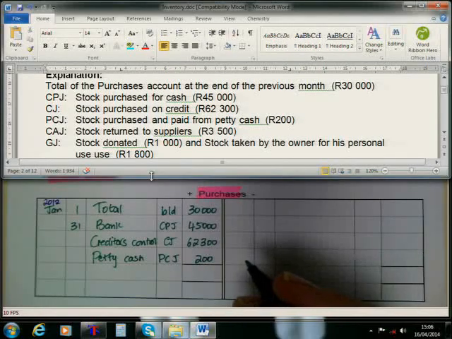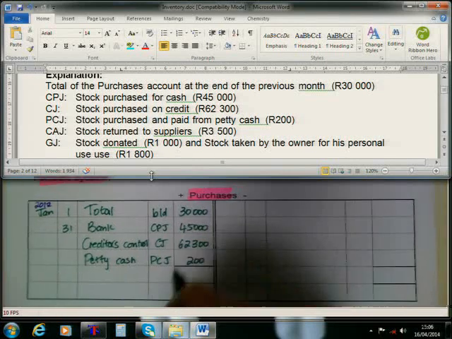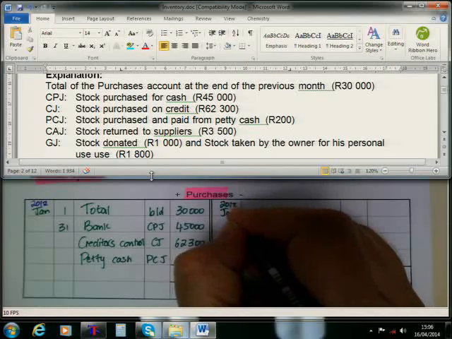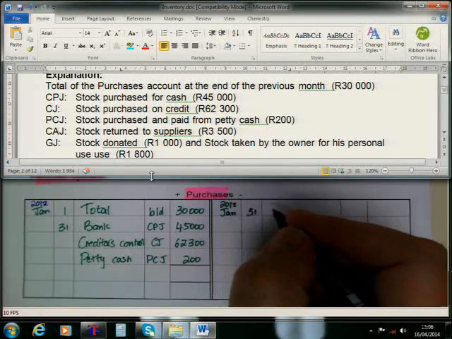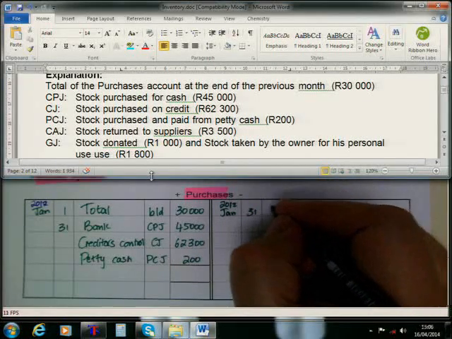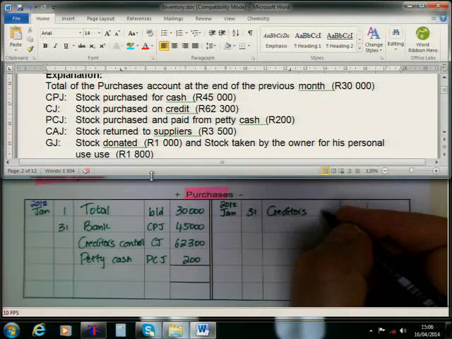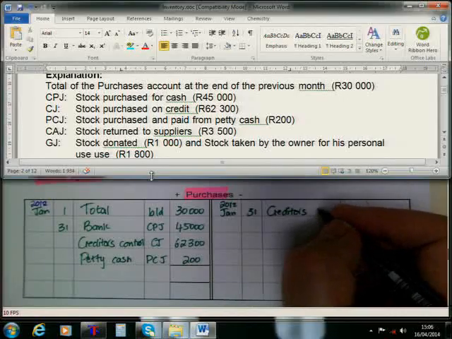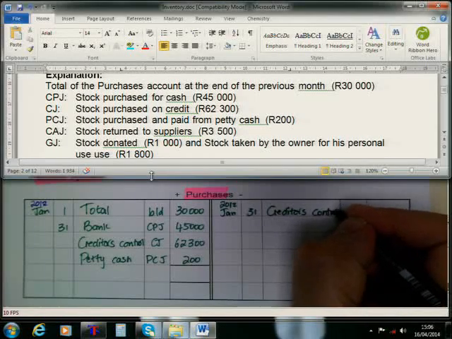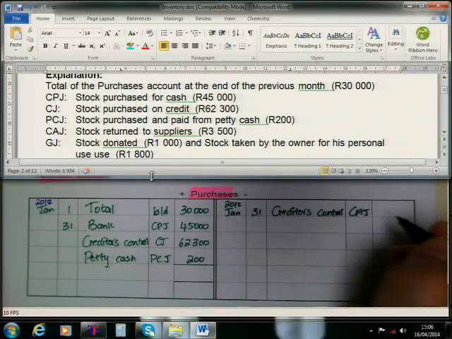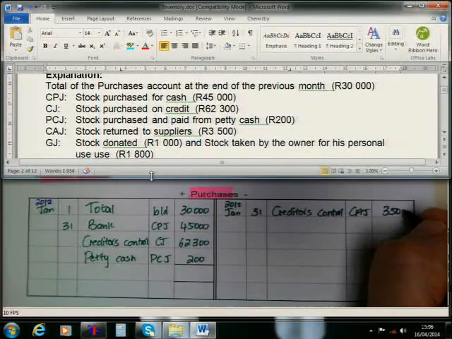Stock returned to suppliers because we're not happy. So we return to the suppliers. That is creditors control, 2012, January the 31st. Creditors control, CAJ, 3,500.